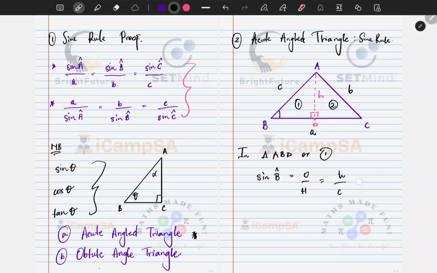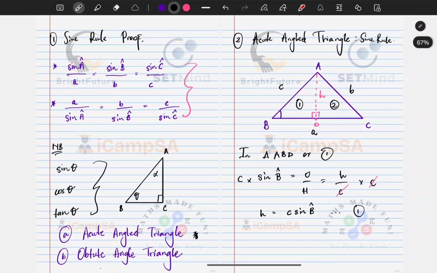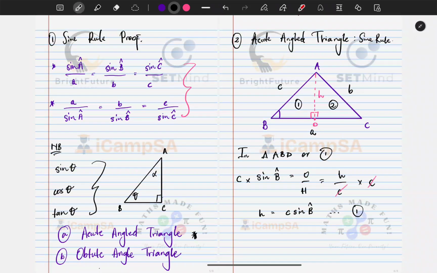The way I'm going to do that is multiply by C, and then this and that cancel, and I'll be left with H equals C sine angle B. I'll call this equation 1.